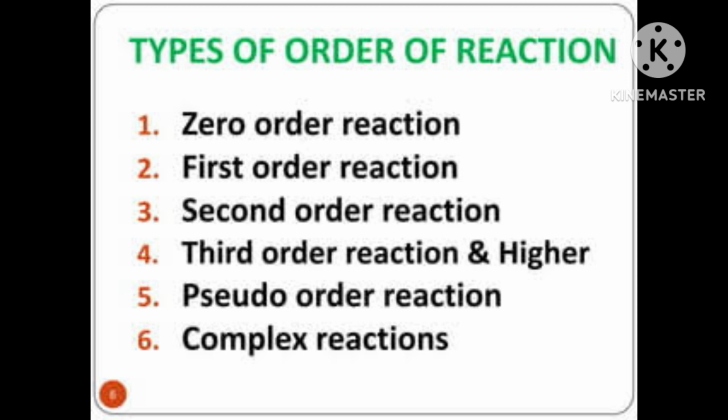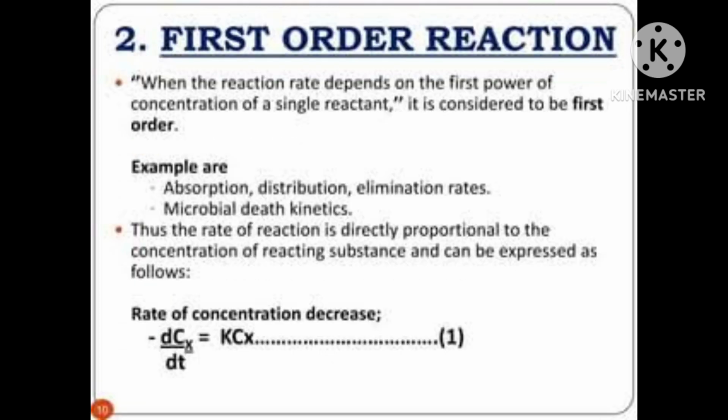Okay, this is called the order of that reaction. Correct. Now, I already told you, the order of a reaction can be 0, 1, 2, 3, and it can even be a fraction. A 0 order reaction means that the rate of reaction is independent of the concentration of reactant.